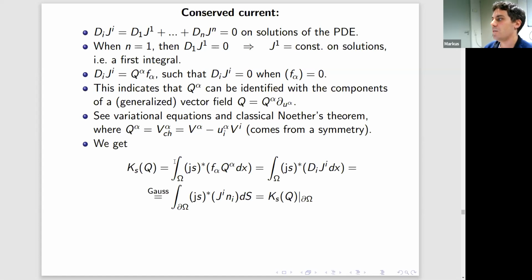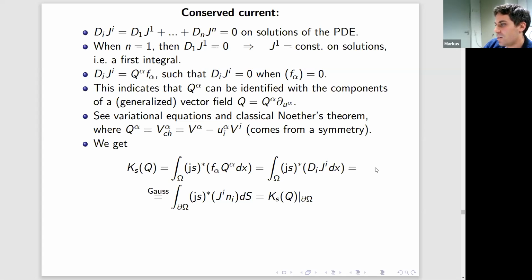So let's now come to the definition for conservation laws of K. If you find such a factor q, an integrating factor or whatever you want to call it, then you plug it into your K. We consider it as a vector field, or as a generalized vector field, and contract it with the f.